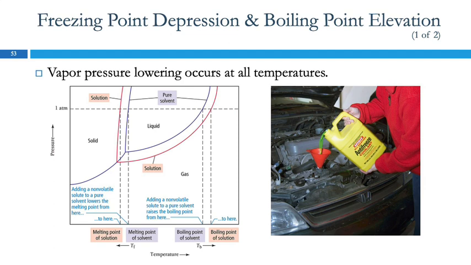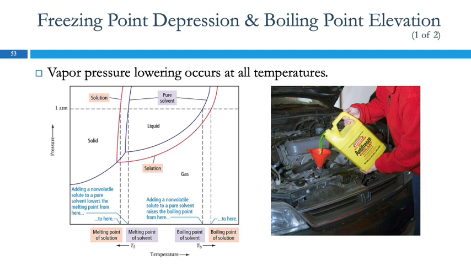There is at least one homework question that is going to do stuff like that. But I won't ask you a question like that on an exam. I think that's just overboard. So let's just go on and talk about freezing point depression and boiling point elevation.